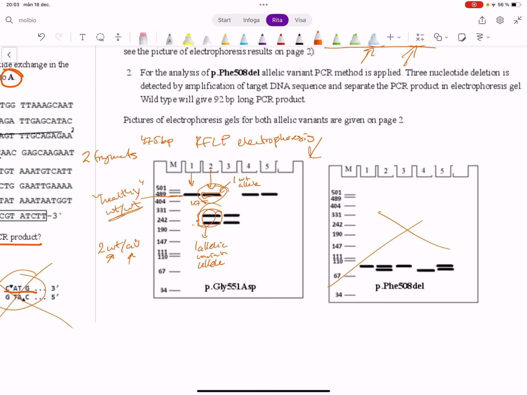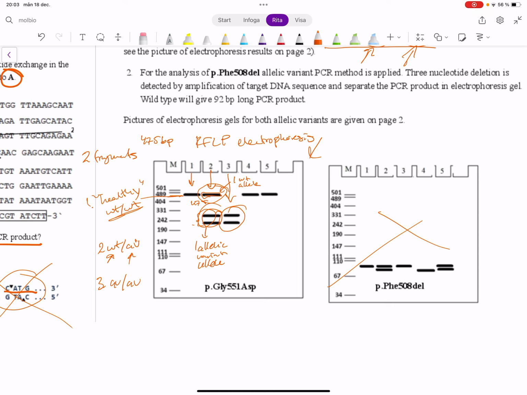Now, if we look at patient number 3, we can see that he has no 475 base pair allele, which means that patient 3 will have allelic variant on both alleles, because the restriction enzyme has found the allelic variant on both alleles, and therefore it has cut both alleles, and therefore you only have this.